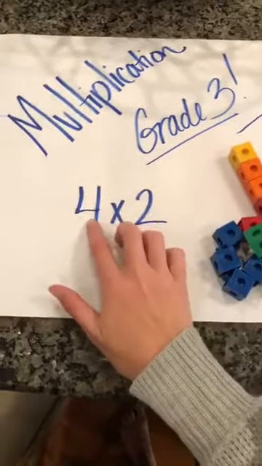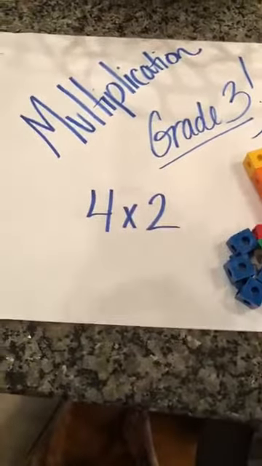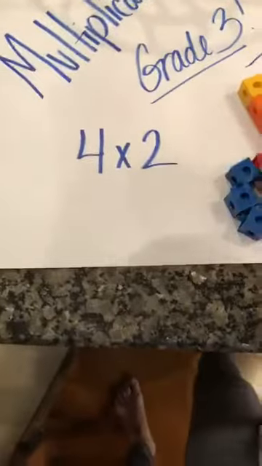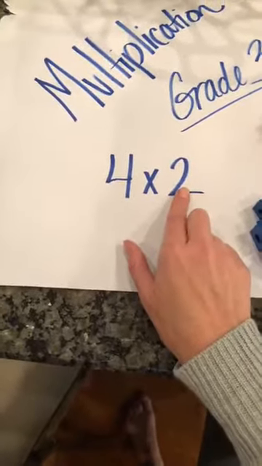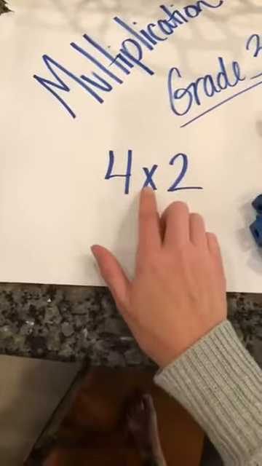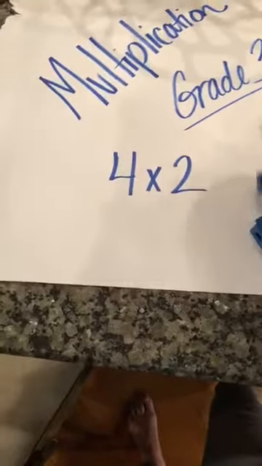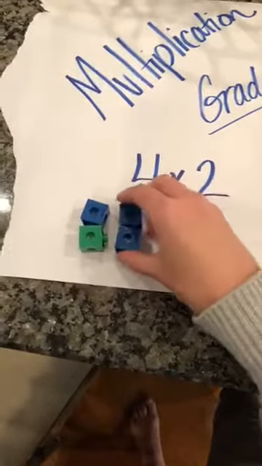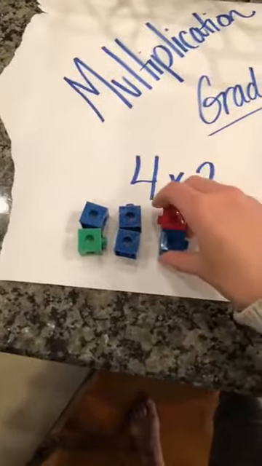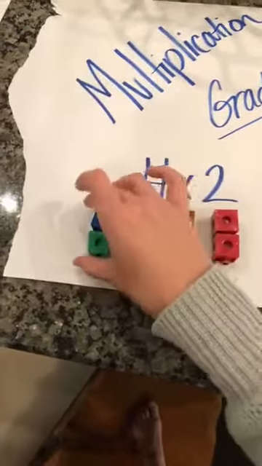It's one thing for them to understand that 4 times 2 is 8, but it's another thing for them to truly comprehend what it means when you have 4 groups of 2. Remember what I just said, 4 groups of 2. So I'm going to actually build that, 4 groups of 2.